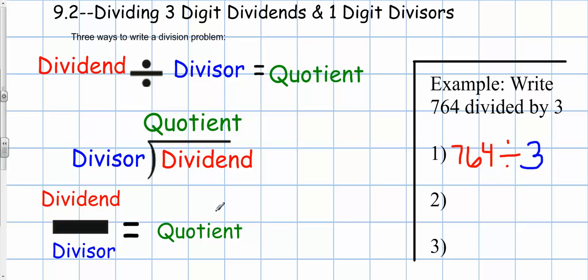Way number two, I can have the dividend on the inside of my house, 764, divided by my divisor of 3 on the outside. And my third way, again, looks like a fraction. I have my dividend of 764 on top, and I'm dividing that by my divisor on the bottom. Those are three different ways that I can write out a division problem.